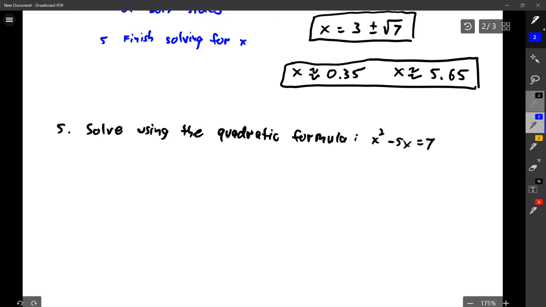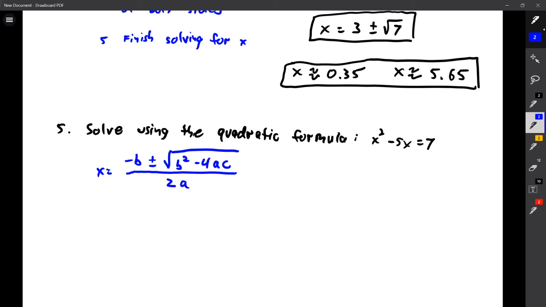Okay, so you might recall the quadratic formula is x equals negative b plus or minus the square root of b squared minus 4ac, all of that over 2a. That's just something we're going to need to memorize if you have not memorized it yet.